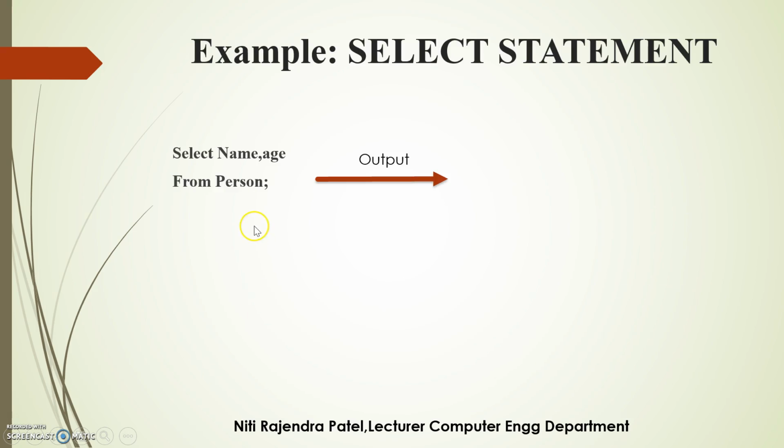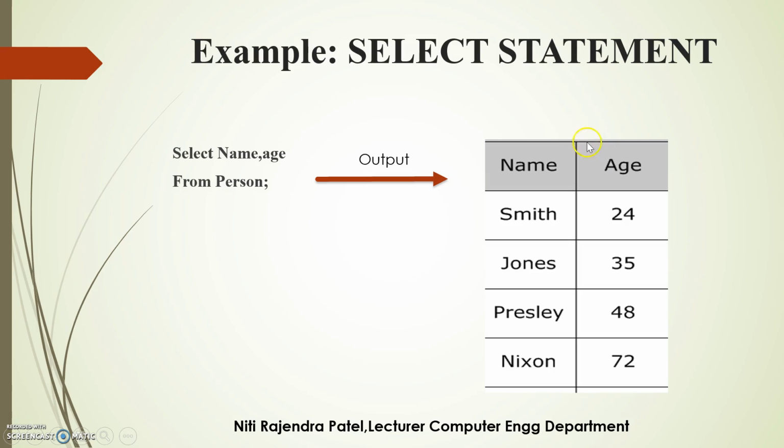For example, if I want the name and age columns from the person table, the query is select name comma age from person, which retrieves the columns name and age from the person table. So the output retrieves all the records of the columns name and age.